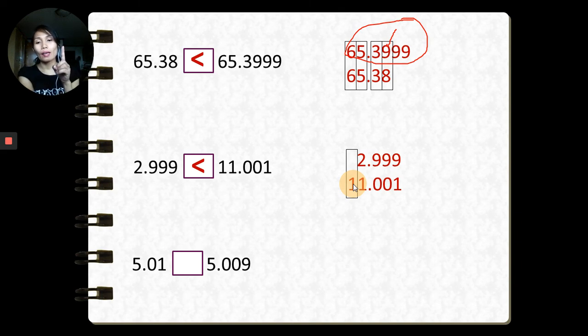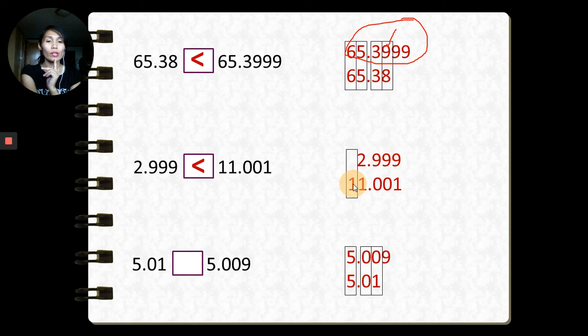How about this one? Step 1, align the decimal points. Okay. Now compare. Step 2, compare from the largest place value. So it's 5. Ones place is equal. Tens place is equal. Hundredths place, 1 is greater than 0.